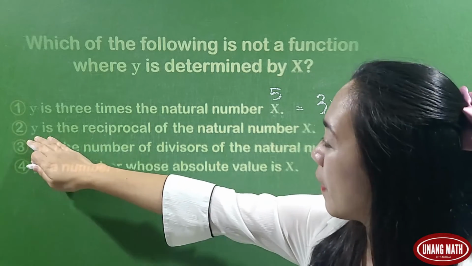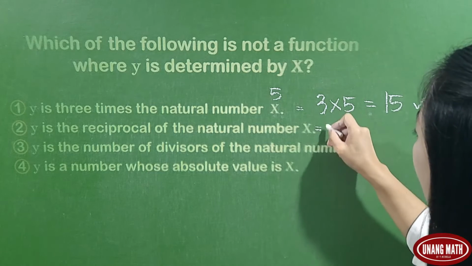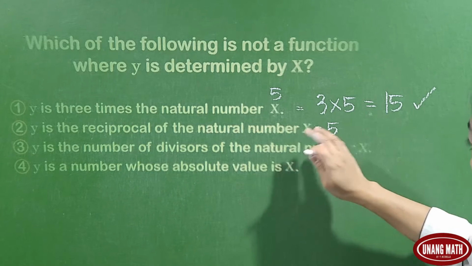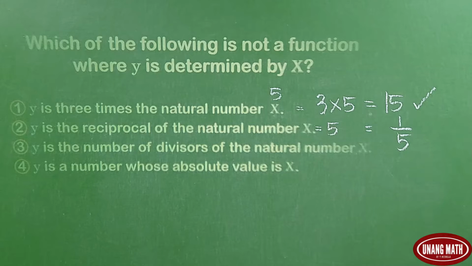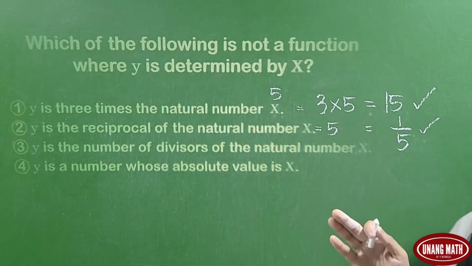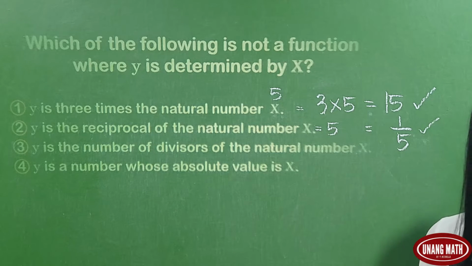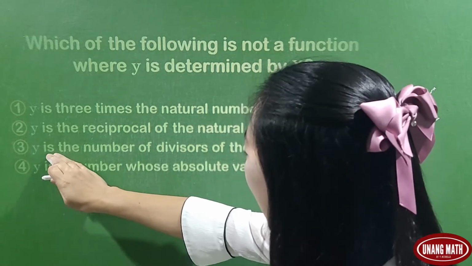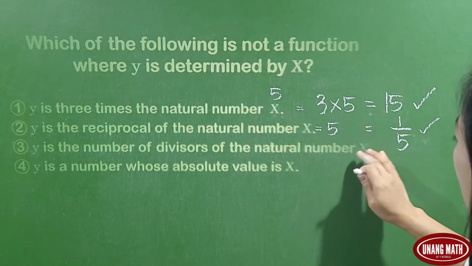Number 2. y is the reciprocal of the natural number x. Let's say x is 5. The reciprocal of the natural number 5 is 1 over 5, and this is just a single, unique value of y. So this is also an example of a function. Number 3, y is the number of divisors of the natural number x.